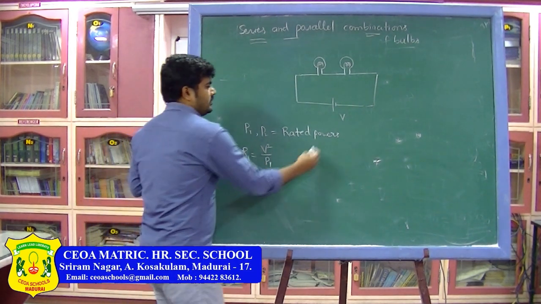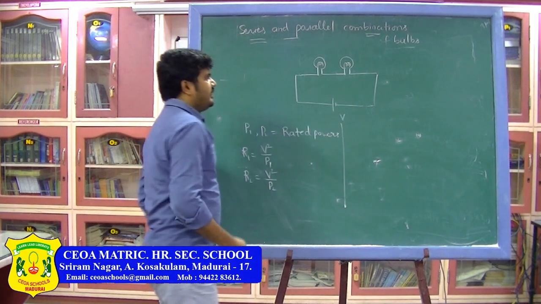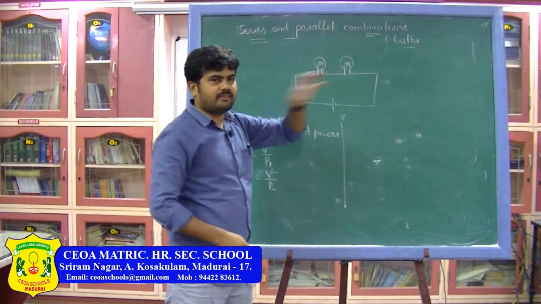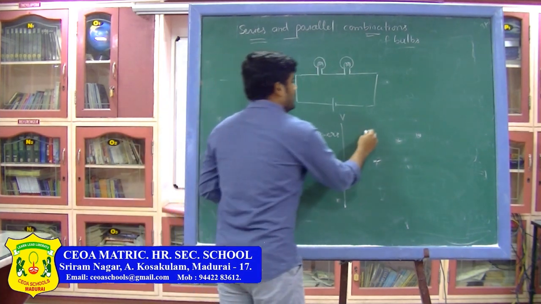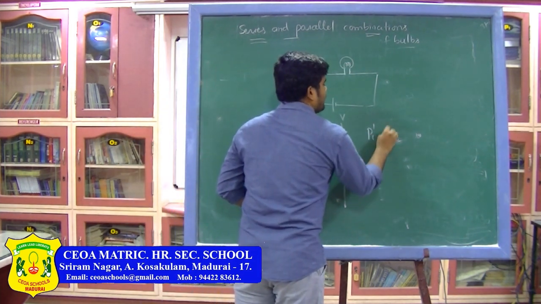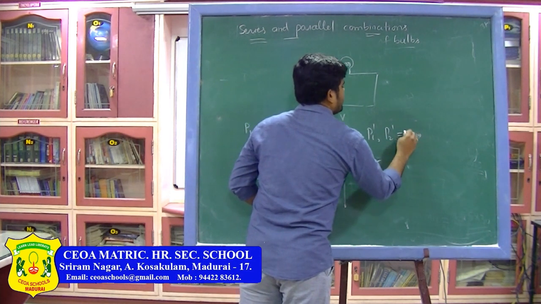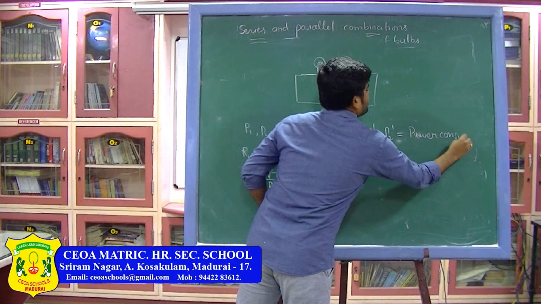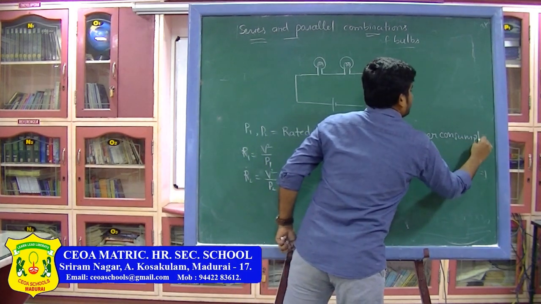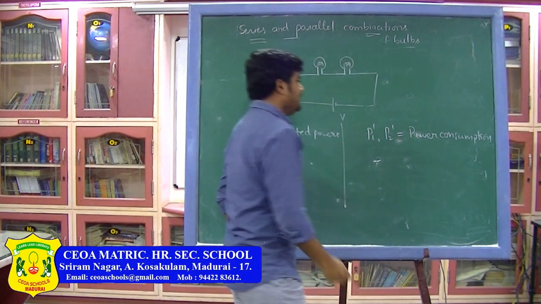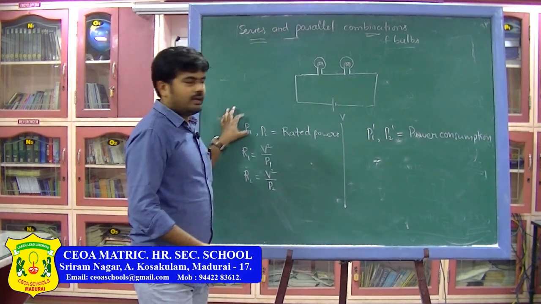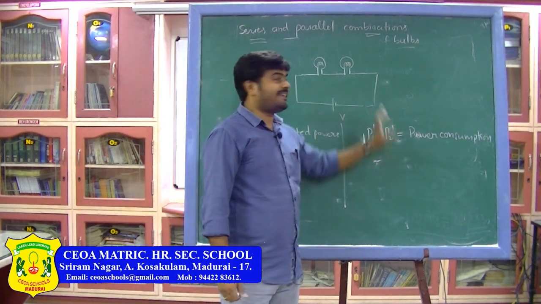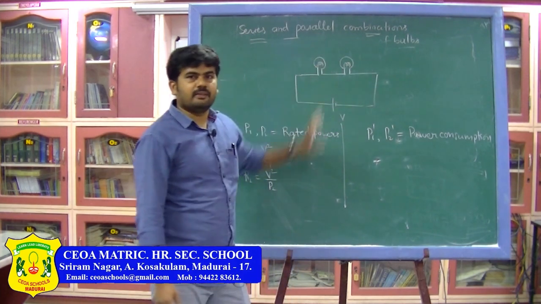Because they are operating with a voltage V, they will consume powers, let P1 dash and P2 dash be the power consumptions by the two bulbs. These are the rated values, and P1 dash and P2 dash are the values of power that they consume when they are connected in the circuit.